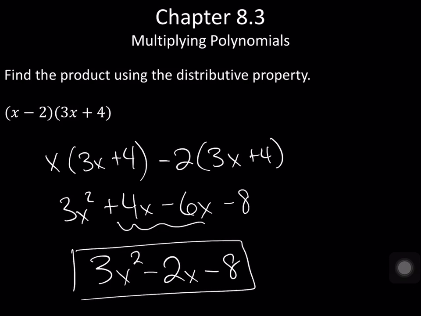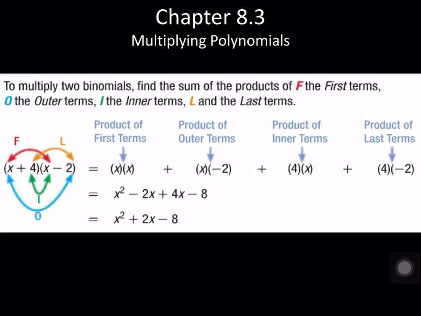All right. Another way that we might think about multiplying binomials, and this method specifically works with two binomials, is what we call the FOIL method. We will only do the FOIL method with two binomials. It's one of those shortcuts that we use to not have to write everything down.